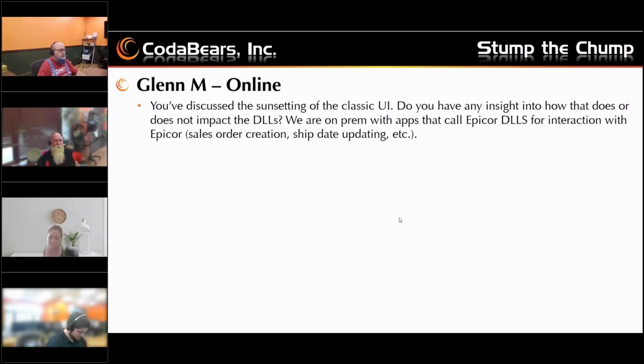So if you take those two layers out and just run in a web browser, it's obviously going to run faster because you're just getting rid of two layers of calls. So if that's the route they're going and they get rid of classic UI, like you said, Christine, I don't think they'd even deploy a smart client anymore because it just doesn't make sense. They just go, here's the URL, use it. But I'm not a developer for Epicor. I could be completely wrong, but that's what I would see based on where they're headed.